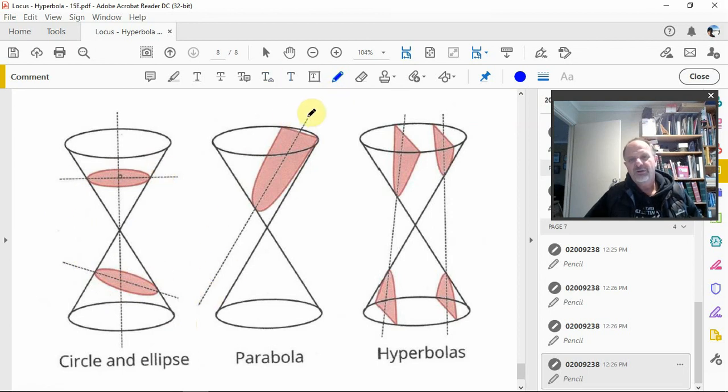For your parabola, so we're cutting along this line. For your parabola, if we cut parallel to this edge here of our cones, then that shape that you get there is a parabola. And for hyperbolas, if you cut down through your cones, and so this one's a vertical cut, this one's at a little bit of an angle, but it doesn't matter as long as the line cuts both cones, then that shape you get in there is your hyperbola.